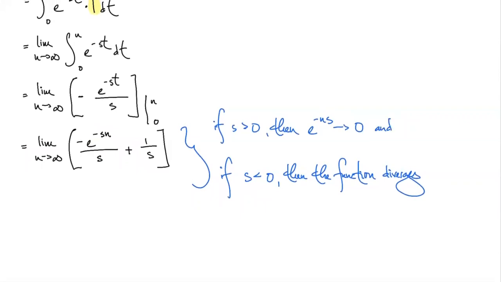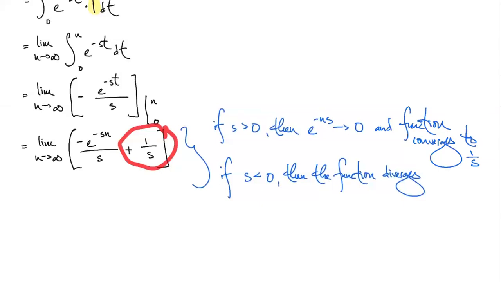We're going to have the function converges to 1 over s. Okay. So again, this first clump goes to 0, and we'll end up with a value, a y value, so to speak, of 1 over s. Okay.